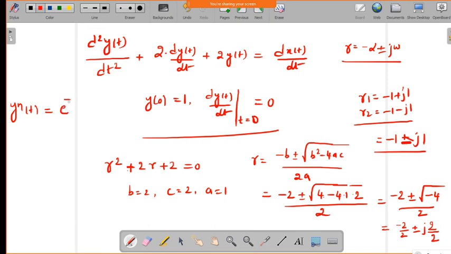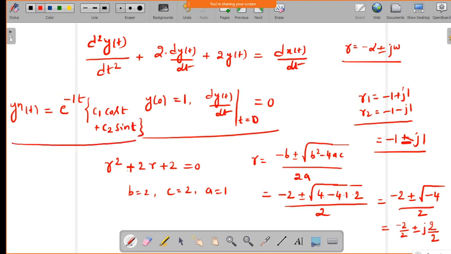What is the alpha value? Which is 1, so e power minus t, into c1 cos omega t, what is omega? It is 1, plus c2 into sin omega t. So omega is nothing but 1, so sin t. Okay, so this is the equation.